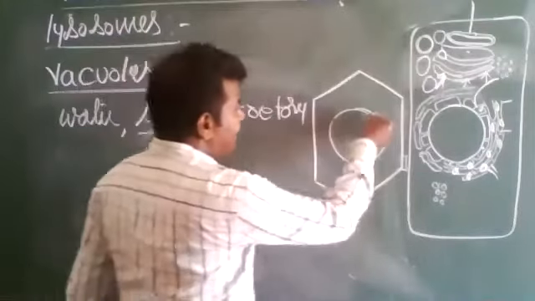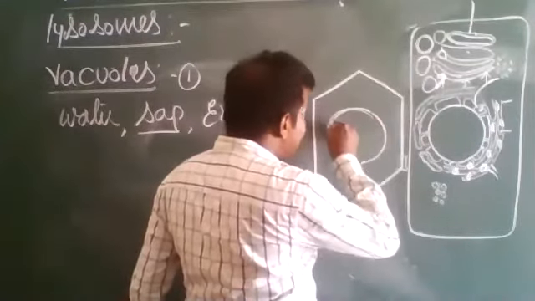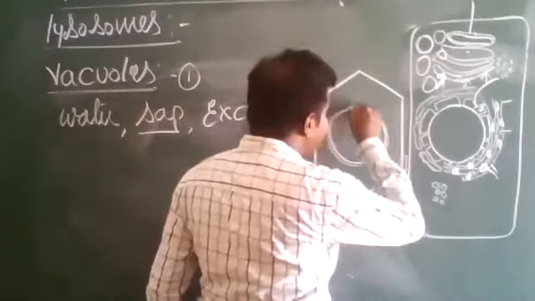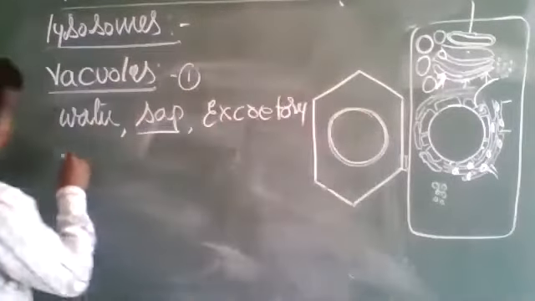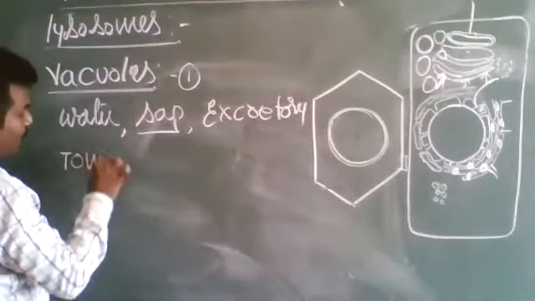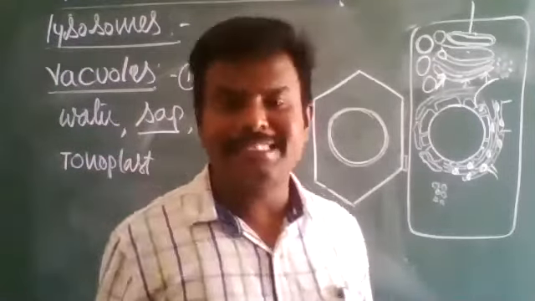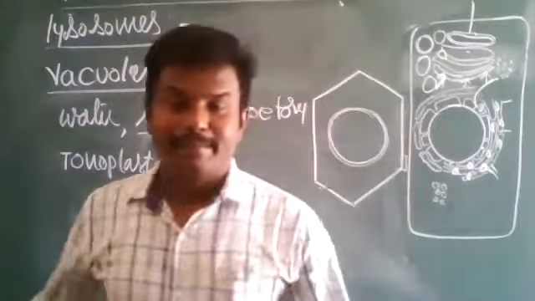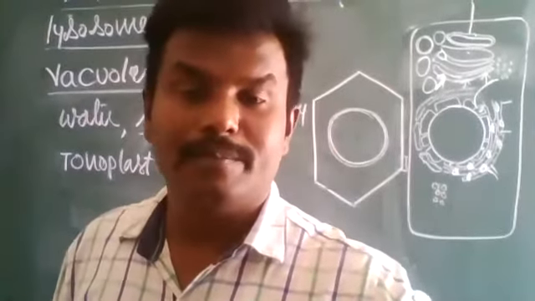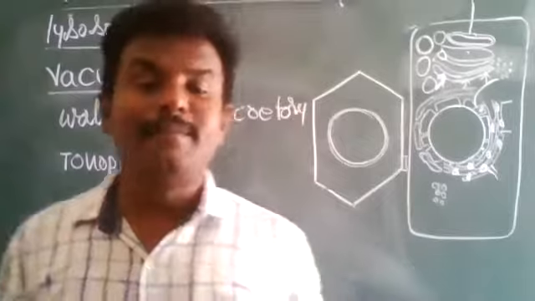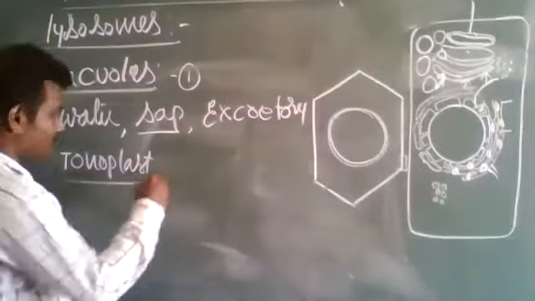Generally, this vacuole is covered by a single membrane. That single membrane is called the tonoplast. The vacuole is externally covered by a single membrane.